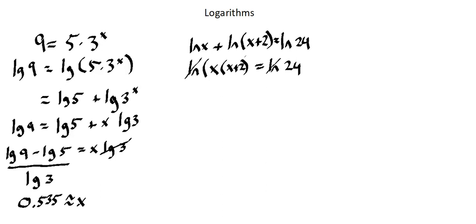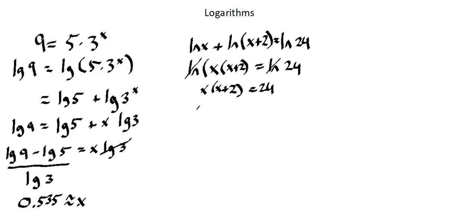Just like when I'm working with exponents, once both sides of the equation are at the same base, I can eliminate the bases and work with just the exponents. So I can eliminate the logs, and now I'm left with x times x plus 2 equals 24.